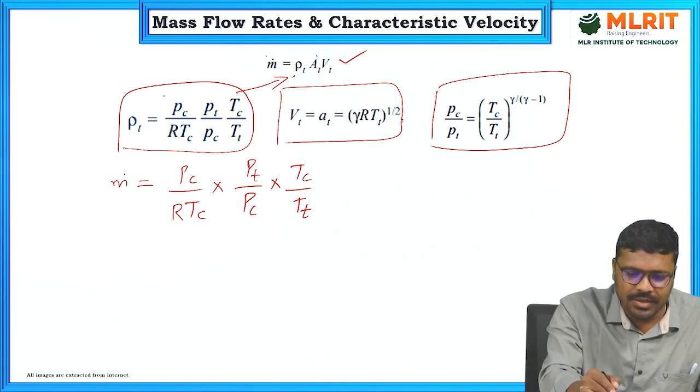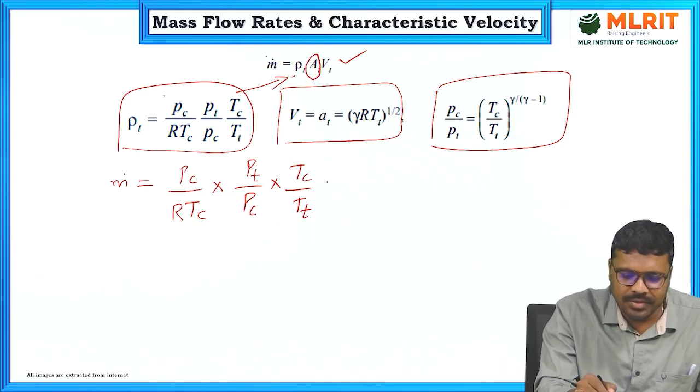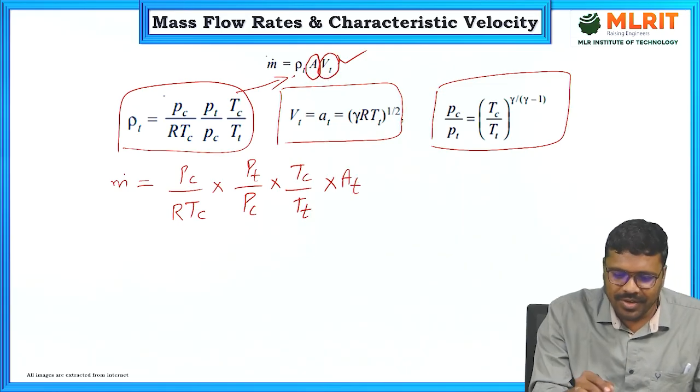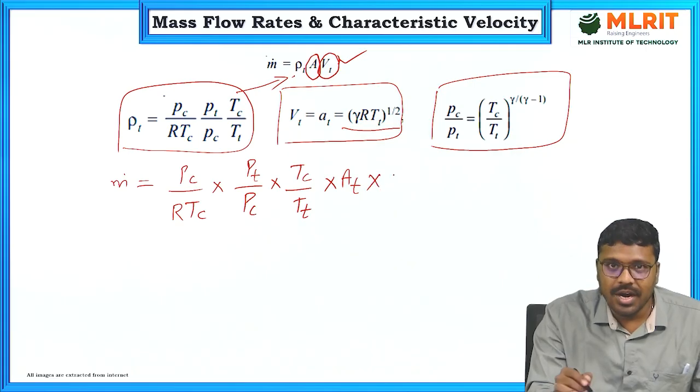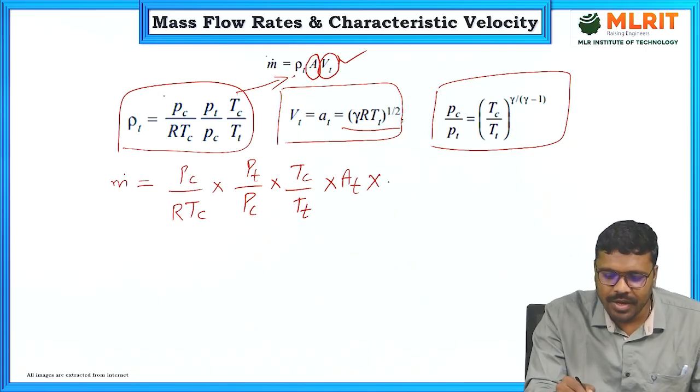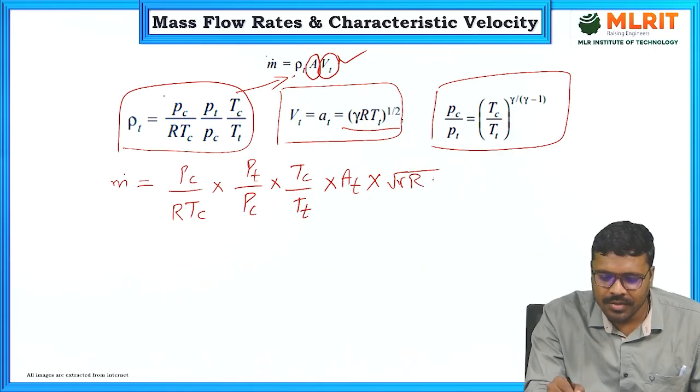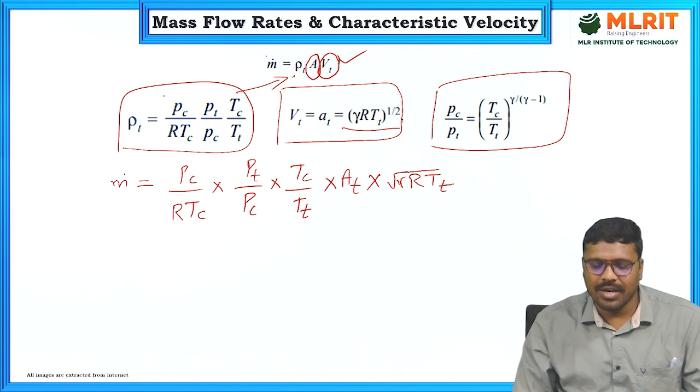Now next At, so I will write area of the throat. Next, velocity at the throat. So what is the equation for velocity at the throat? This is the equation, so into under root gamma R Tt.